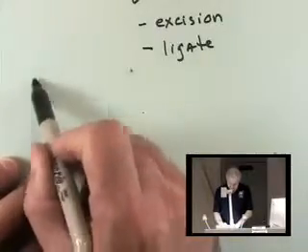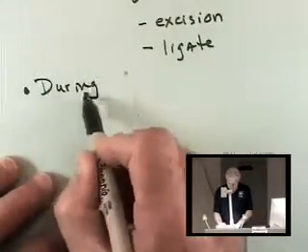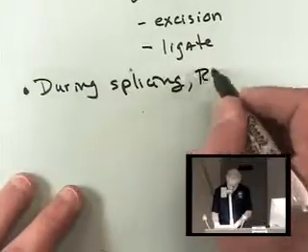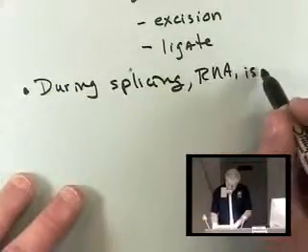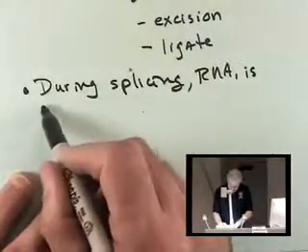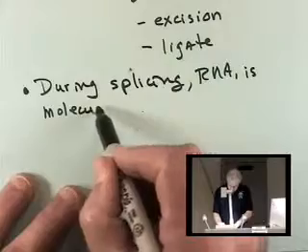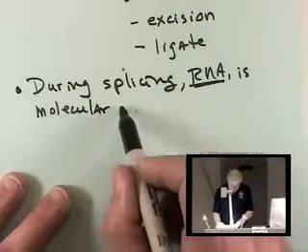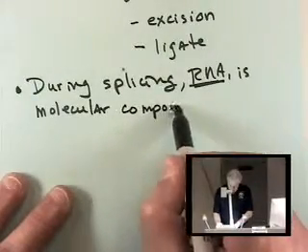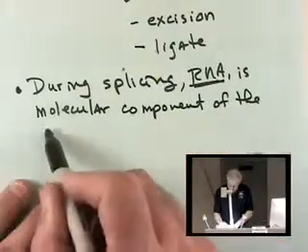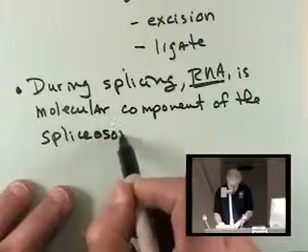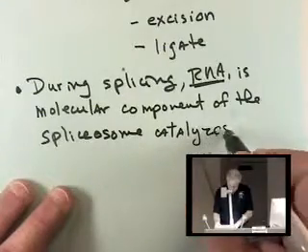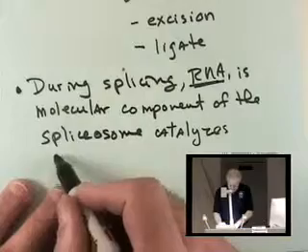So during splicing, RNA is a molecular component of the spliceosome that catalyzes the excision reaction.